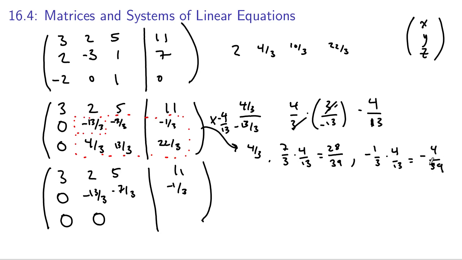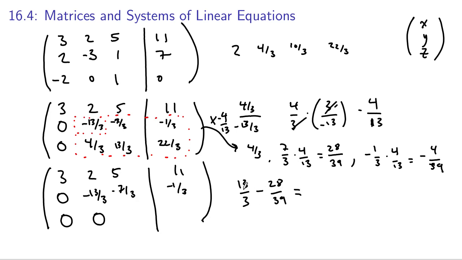And that gives us what we need to subtract from. So now we have 13 thirds, because we're subtracting. We have 4 thirds minus 4 thirds is 0. 13 thirds minus 28 39ths is this number.